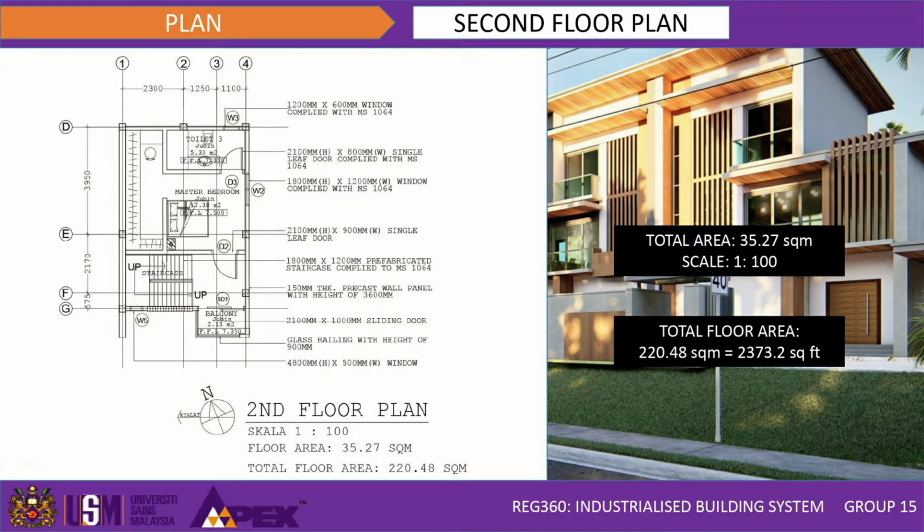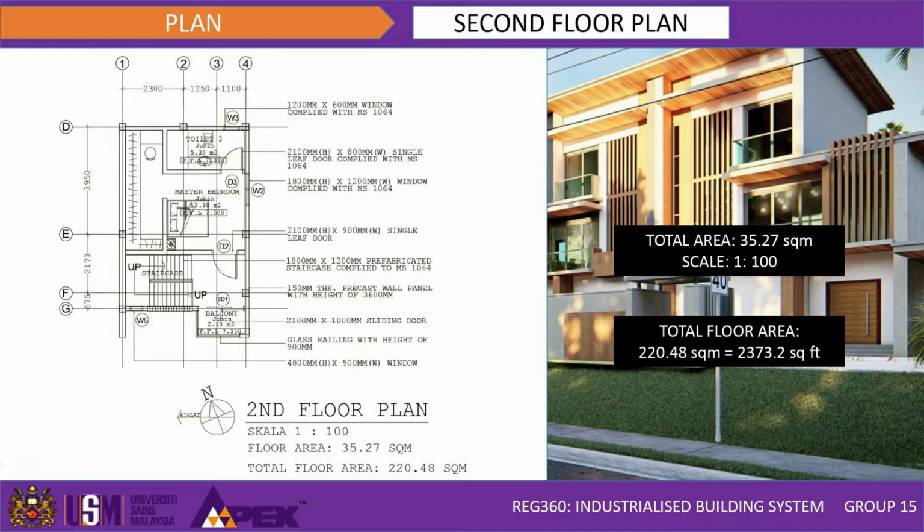Next is the second floor plan with a floor area of 35.27 square meters. So the total is 220.48 square meters, or 2,373.2 square feet, which complies with the requirement.